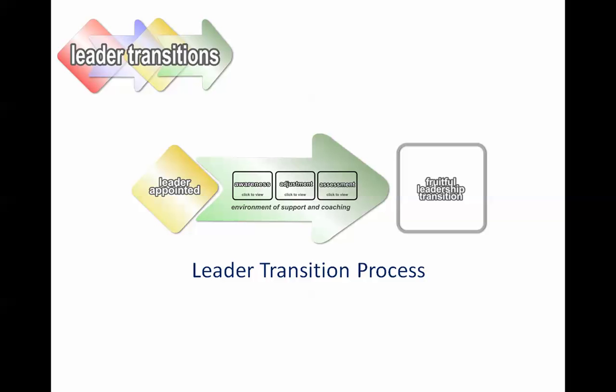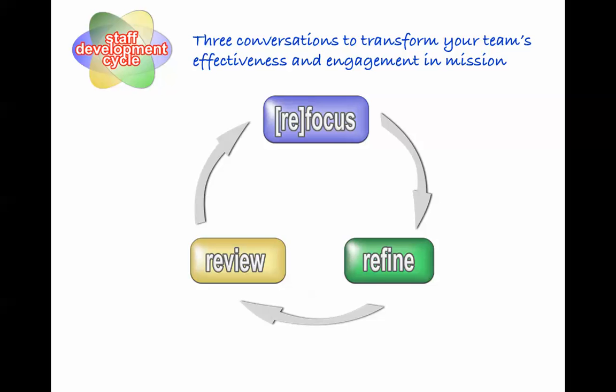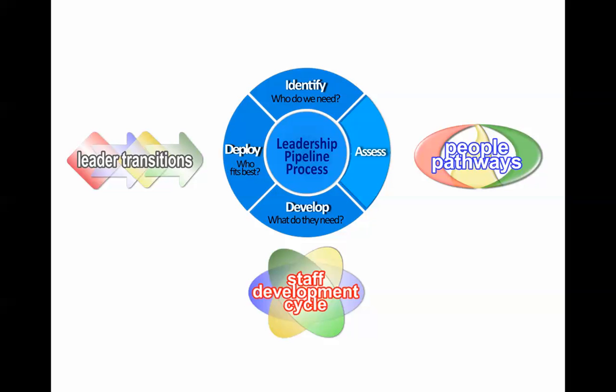This entire process is supported and accelerated by the Staff Development Cycle Toolkit, which provides at least 3 focused conversations between a team leader and their team members that can provide the valuable information necessary for the assess step, as well as development and transition plans for the develop and deploy steps.